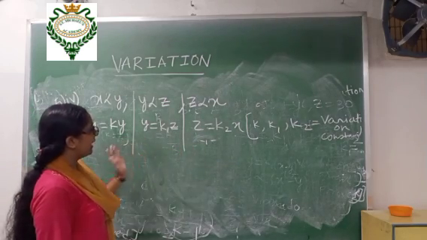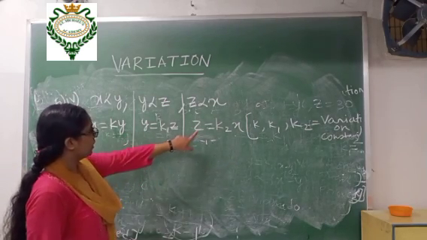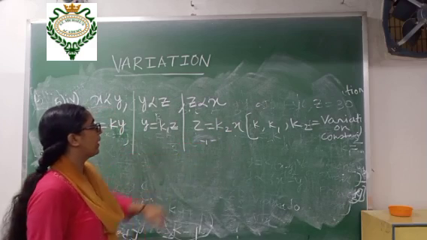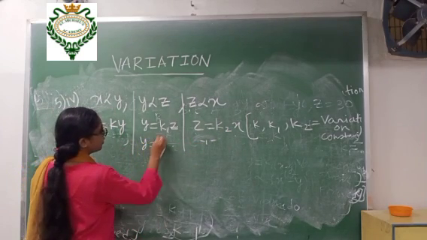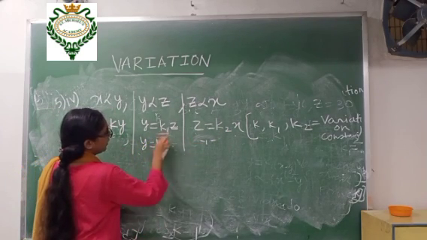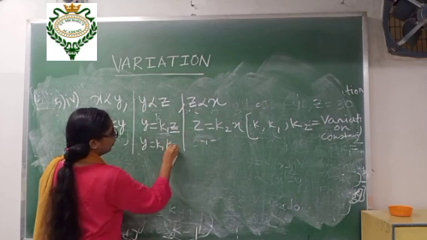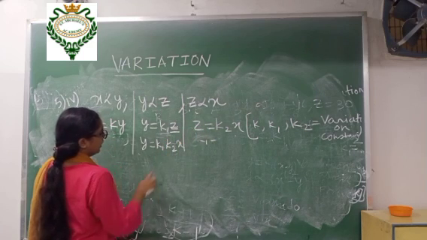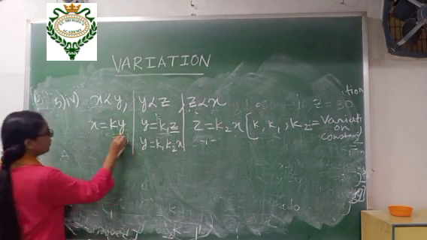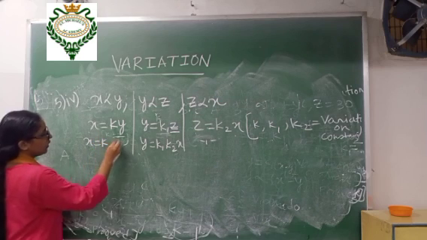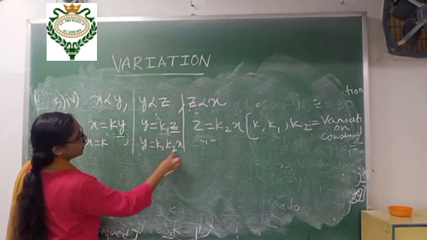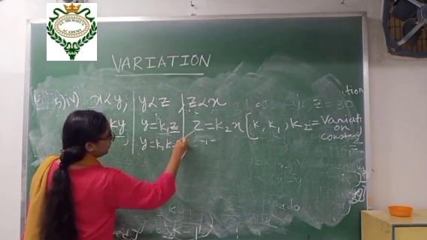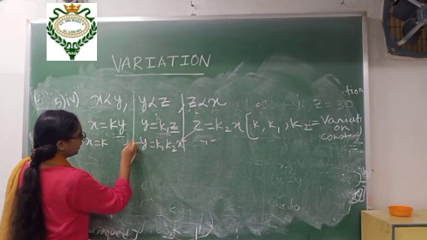Now what will you do? You have to put the values one by one. So what is the value of z? K2x. You can put here, in place of z you can put k2x. Now again, in place of y, what is the value of y? We got k1 k2 x. Means from here I am putting here, then from here I am putting here.